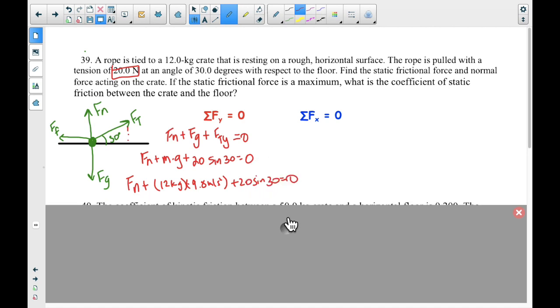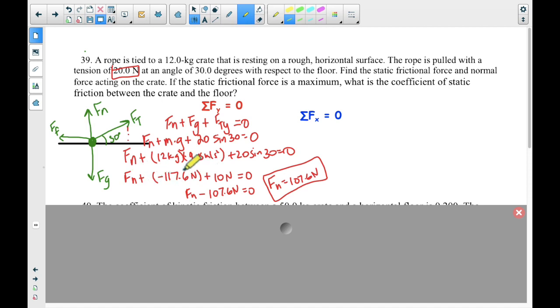Okay, 12 kilograms times negative 9.8 is negative 117.6 newtons, and 20 sine 30 is 10 newtons. So I add those two things together and I get a negative 107.6 newtons. In other words, the normal force is 107.6 newtons. Okay, that is our normal force.